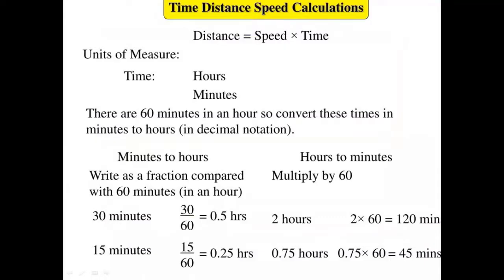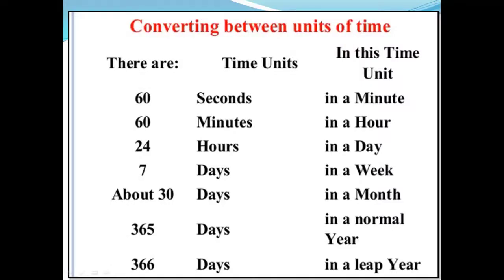Here we can take an example where we find the time in minutes or in hours with different examples. One must know the conversion of time, particularly seconds, minutes, hours. 60 seconds converts to 1 minute.